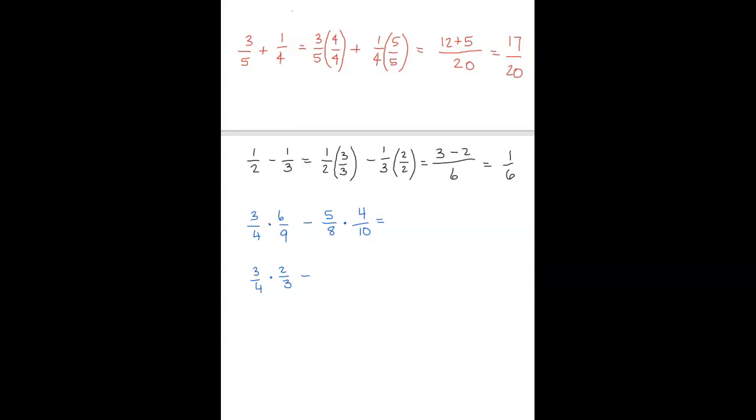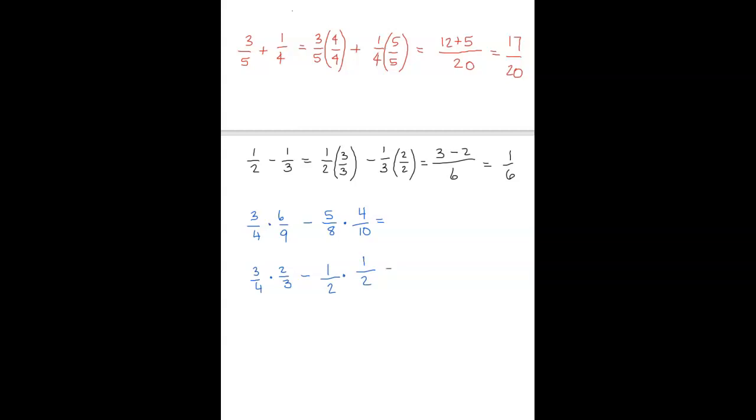So I'm going to have 5 divided by, my 5 and my 10 are going to cancel out. So that's going to become a 1 times, and then my denominator here is going to be a 2, right? Because I've canceled my 5 and my 10. And here I'm going to have my 4 and my 8. So that's going to become a 2 and a 1.